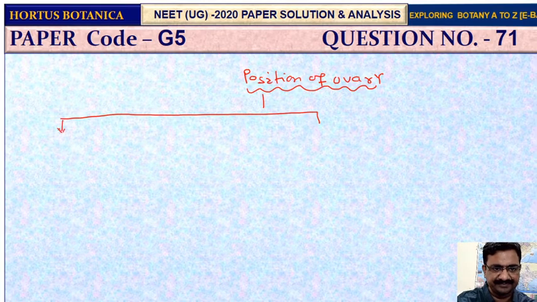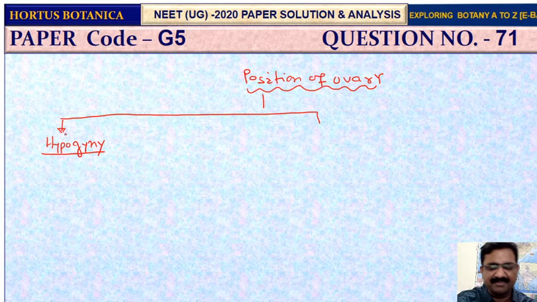First, it may be hypogyny or hypogynous. By name it is very much clear. Hypo means below. Gyne means gynoecium, and it's the talk about its ovary.